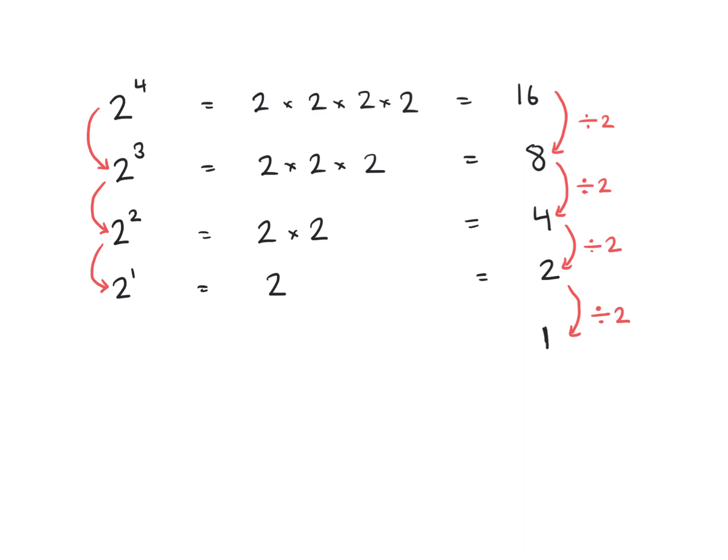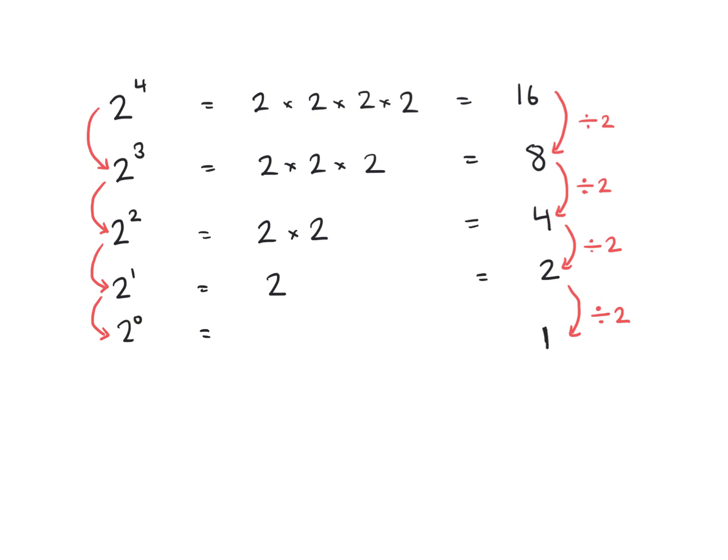Now, on the left side, what happens if I follow the pattern on the left side? Well, what is the pattern on the left side? I have 2 to the 4, 2 to the 3, 2 to the 2, 2 to the 1. So the next logical step in the pattern would actually be the number 2 to the 0.